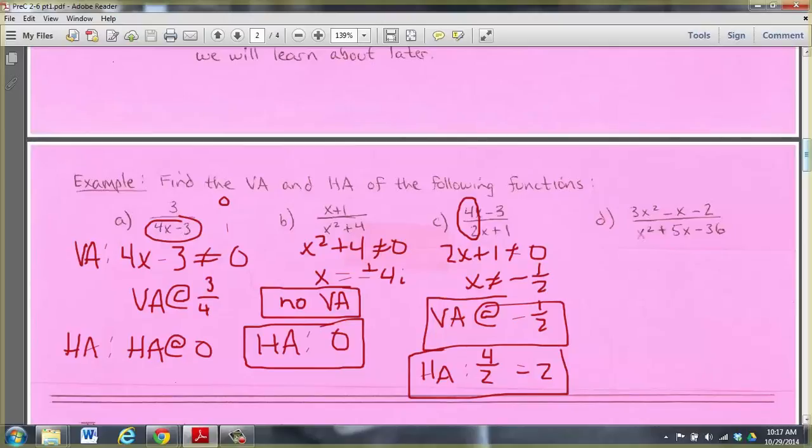And letter D, the denominator factors out to x plus 9, x minus 4. So your vertical asymptotes, well, before I do that, we need to factor out the numerator if we can too, because there's a chance that things could cancel.